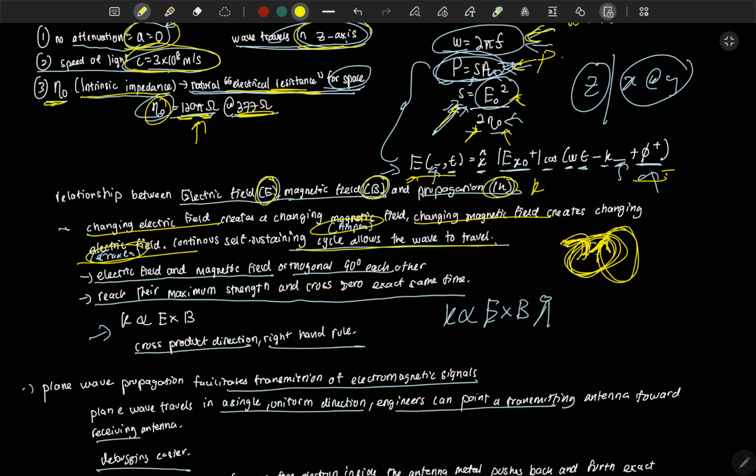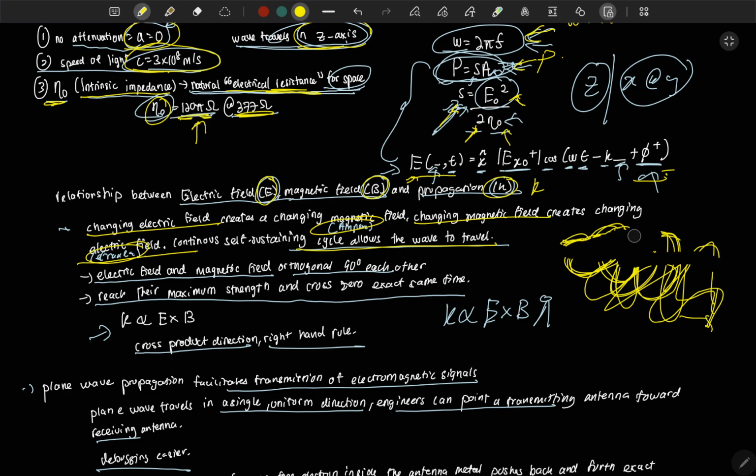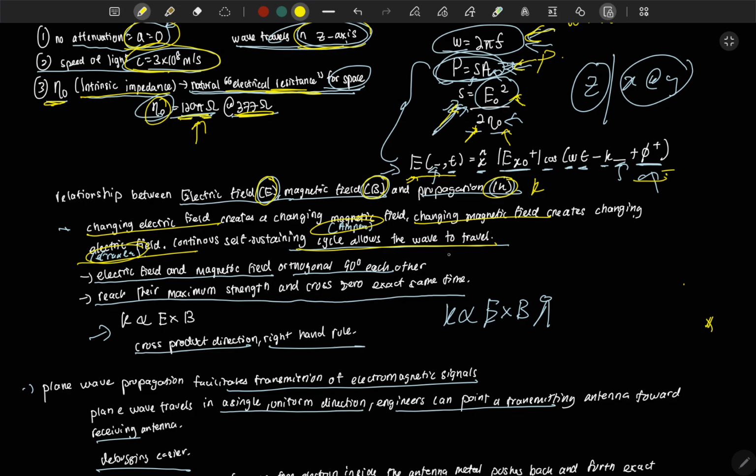And if my magnetic field is going in this way, my electric field will be going in the other way, so it would create a loop, and this would create a loop. So electric creates magnetic, magnetic creates electric, and the wave goes on endlessly. This is what they are trying to tell us.